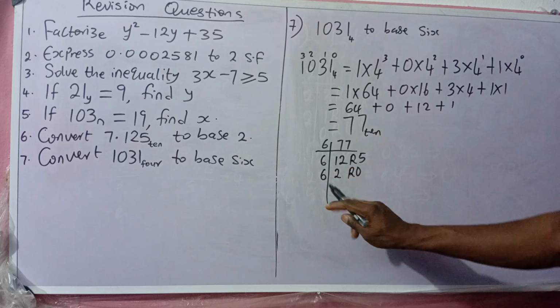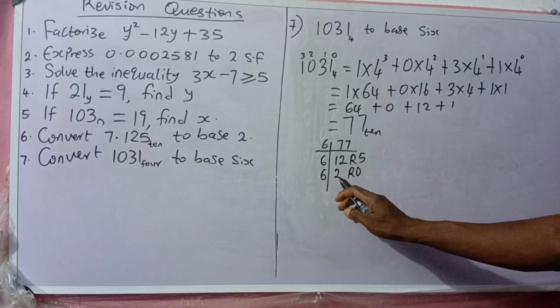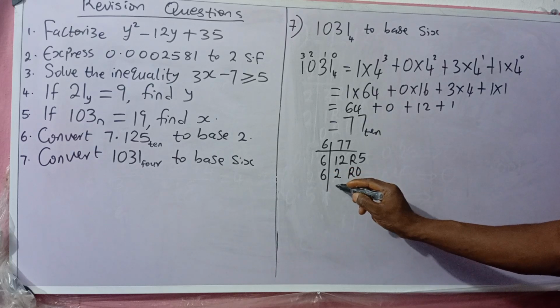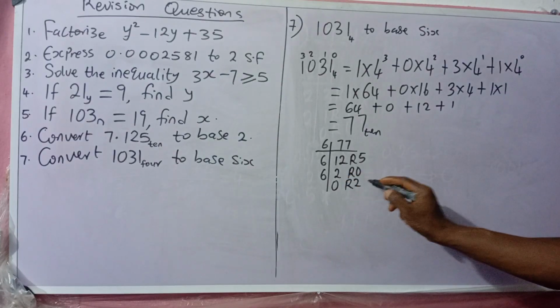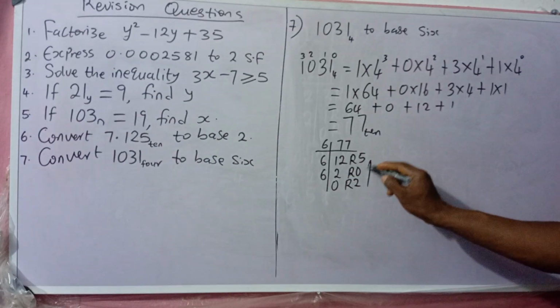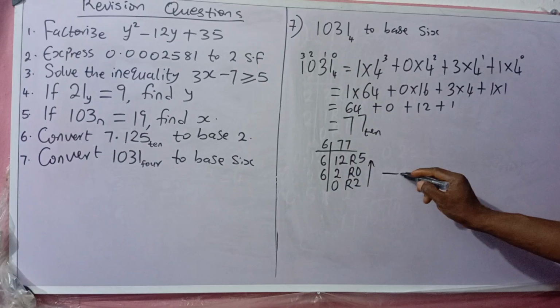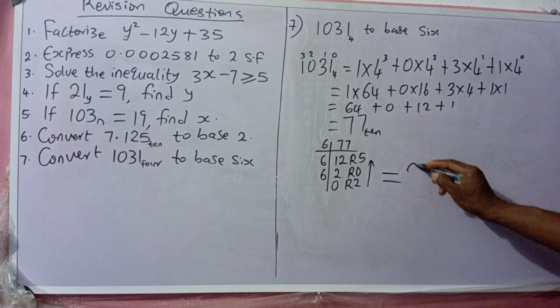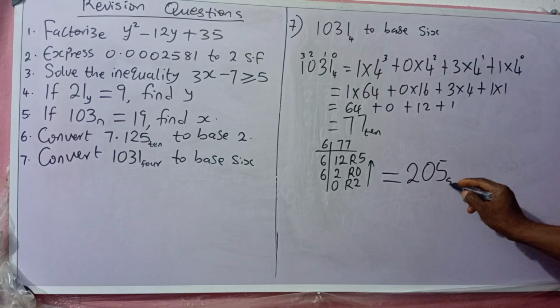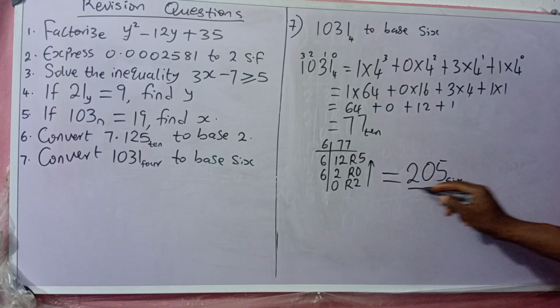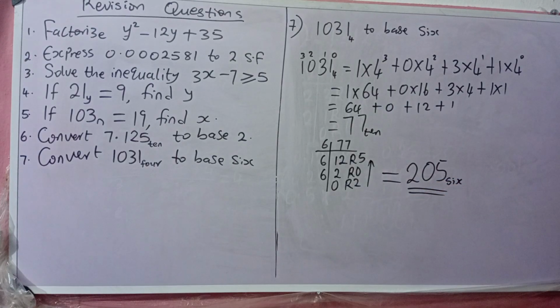Then 6 divided into 2 cannot go through because 6 is bigger than 2. So 6 divided into 2 will give us 0, remainder 2. So remember, you start writing your answer from bottom to the top. So the final answer to the question will be 205 in base 6. And that is the final result of this particular revision.